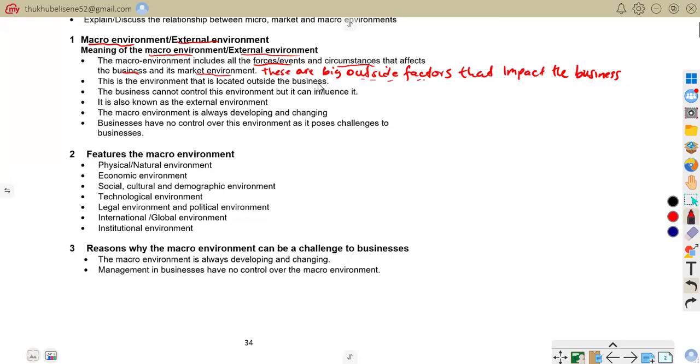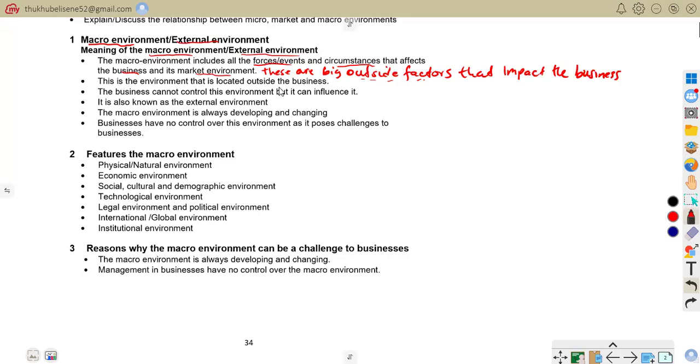So when you talk of the macro environment, we are talking about factors that are indirectly outside the business. Unlike the market environment, which is external but directly outside the business. For example, a rise in fuel prices affects delivery costs.